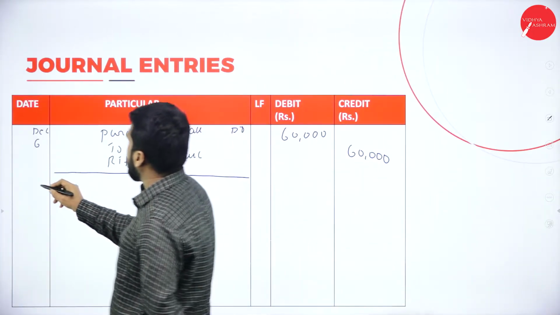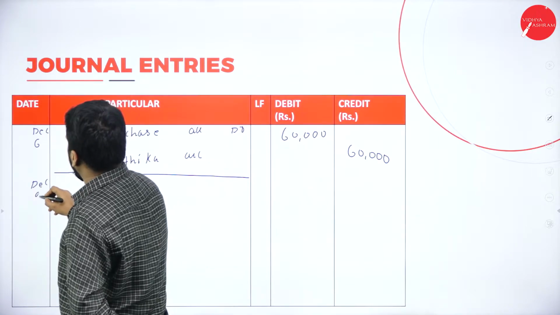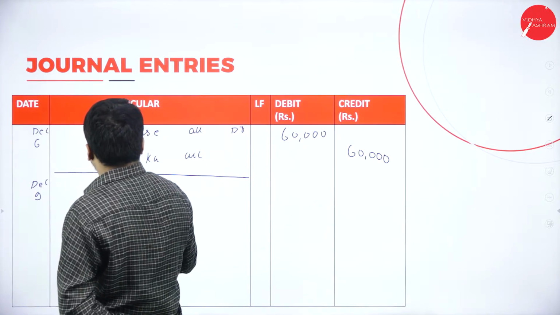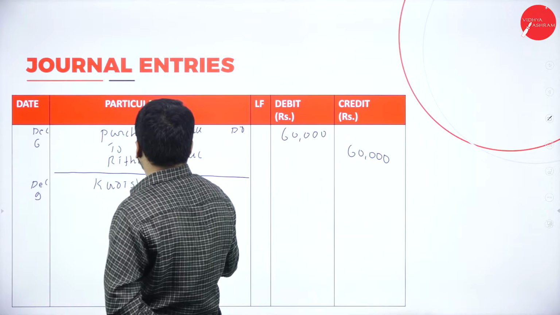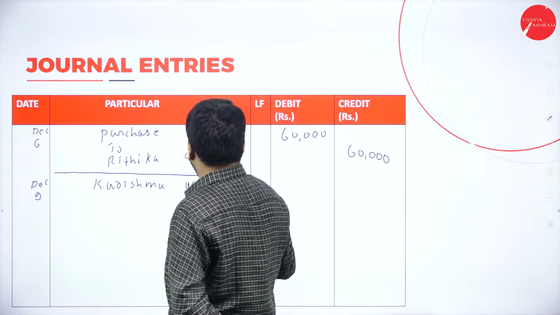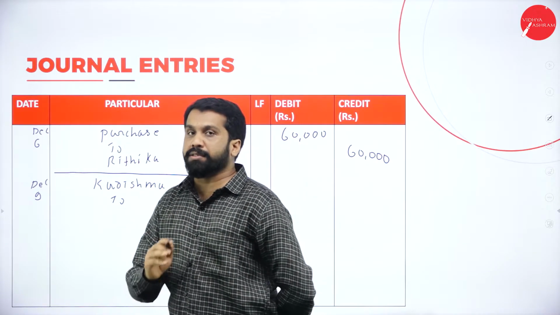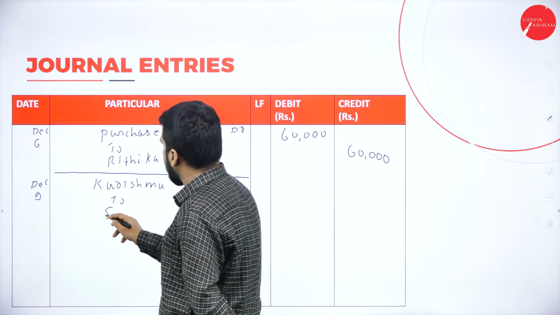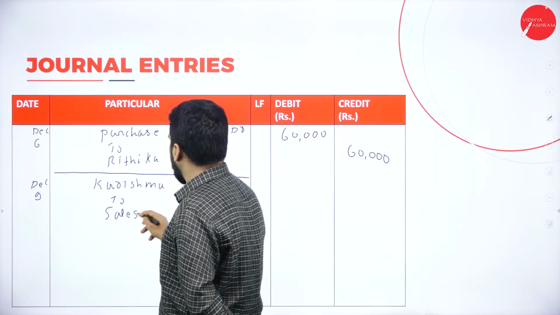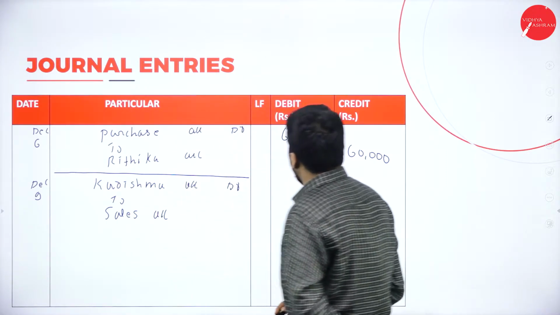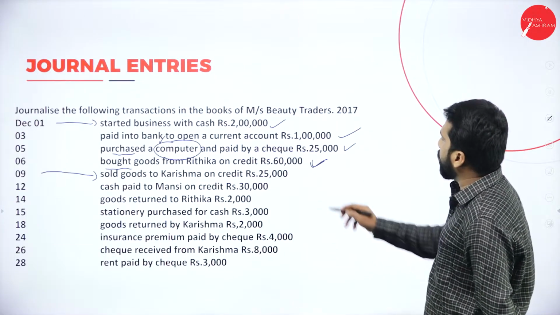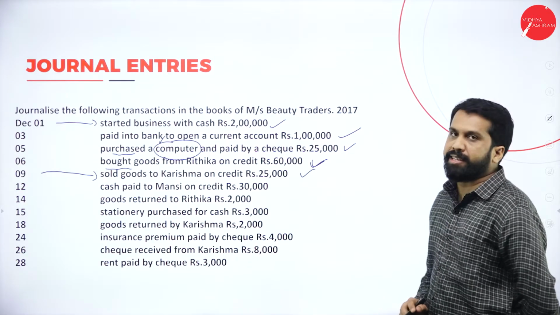In this, December 9th, Karishma account debit to cash is not given. So what will happen? Sales account. What is the amount? The amount is 25,000.